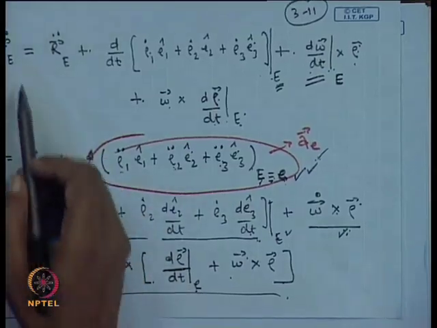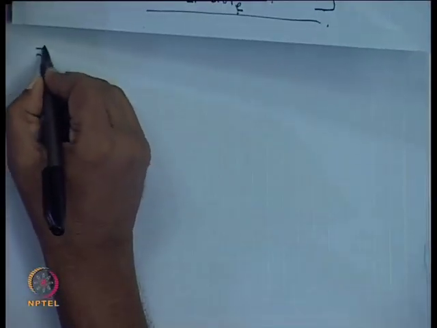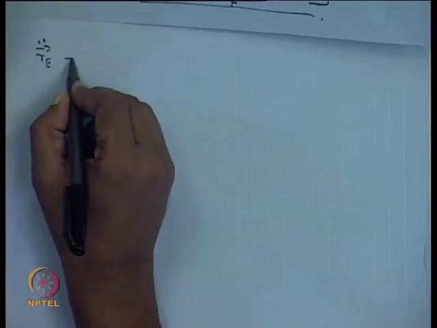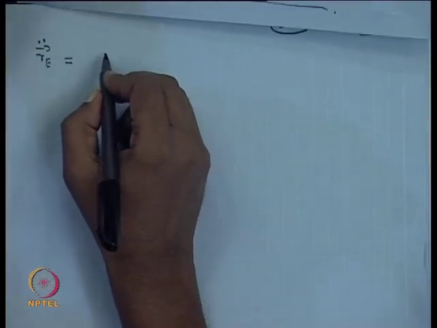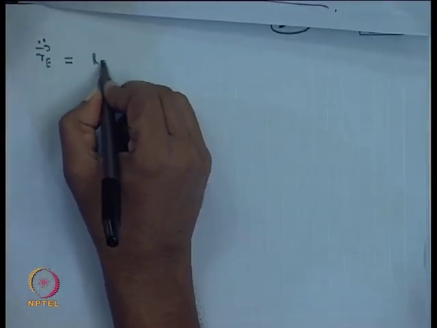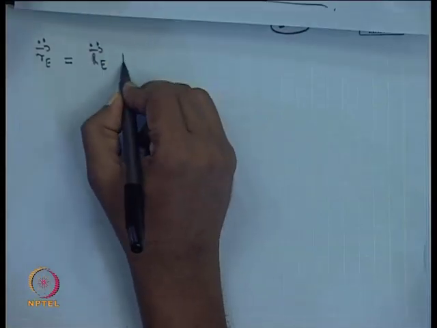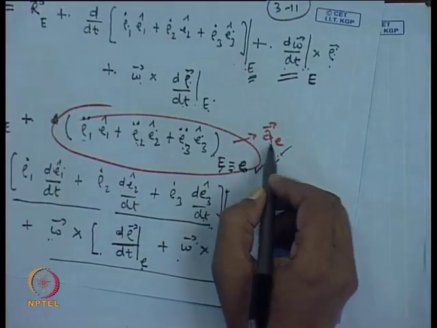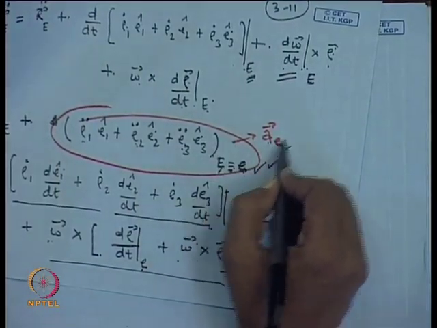So now, writing this equation here on the next page. We have R double dot with respect to E, which is the acceleration in the inertial frame. This can be written as R double dot, and the term which is present here, which we are writing as A e.